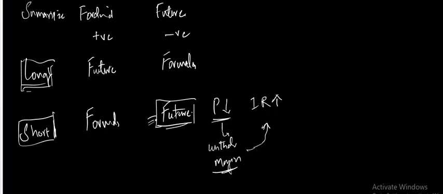So that is why the short party will be preferring the futures contract only when the correlation between the interest rate and the asset prices is negative, because he is gaining with the fall in the price. As the prices fall, he will be able to withdraw the margin, and such a margin will be deposited at the higher interest rates.